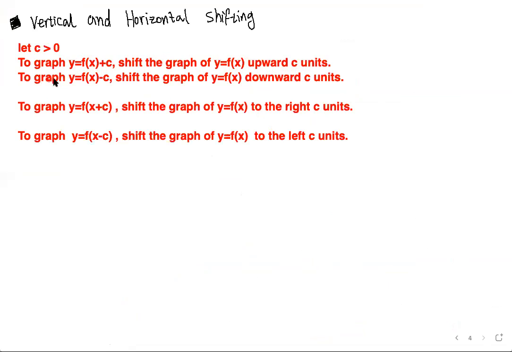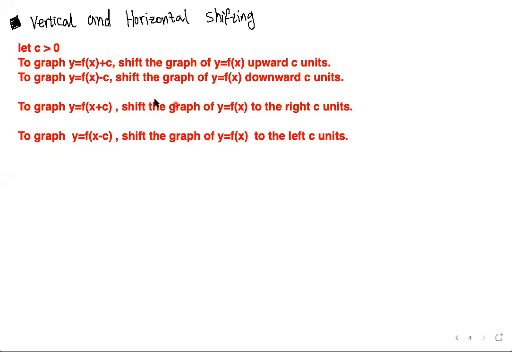If the question is to graph the function y equal f of x minus c, this means we have to shift the original function c unit downward. This is vertical, up and down. C unit upward, c unit downward.